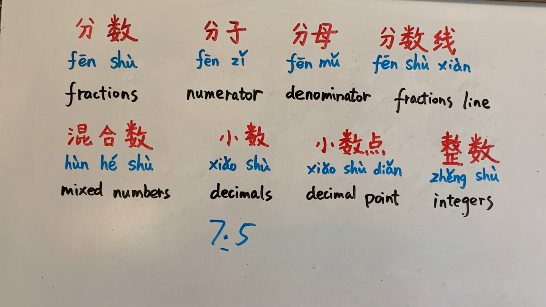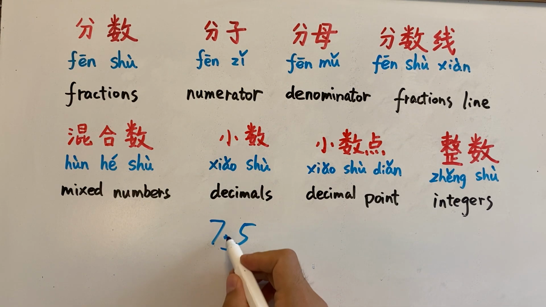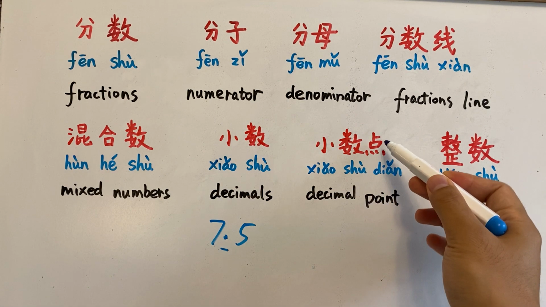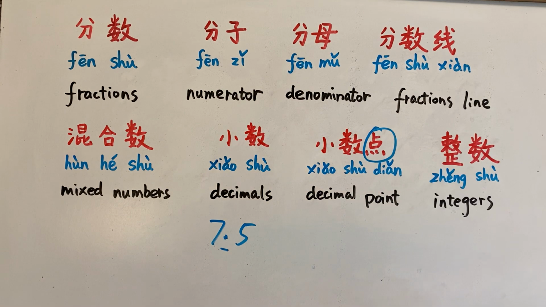But in real conditions, like in this 7.5, we just say 点 only for the point, like PowerPoint.